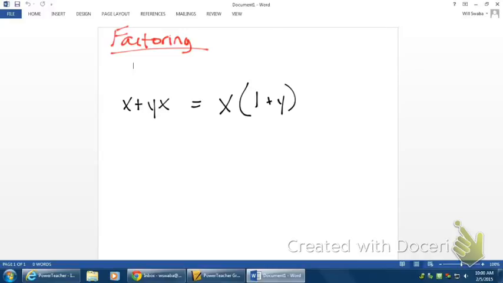So let's say I had this. The greatest common factor of 10y and 5 is what? 5. What is left? It'd be 2y, and then what would be left?